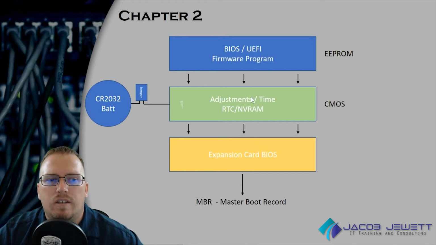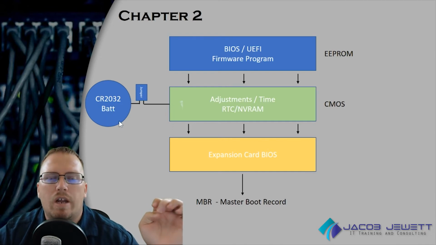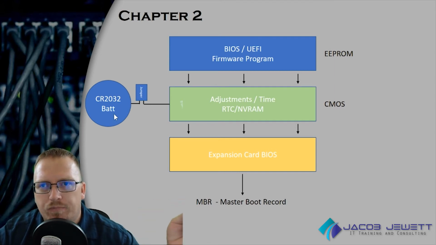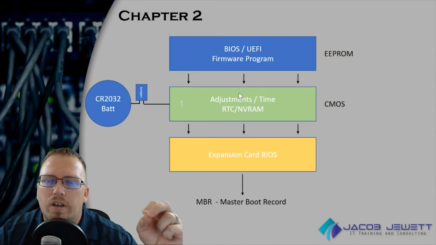Now the settings on this are not controlled, but are saved by a coin battery on your computer's motherboard. It's called the CR2032 battery. That's the most common battery used. This is a lithium battery, and what it does is it provides just enough power to the CMOS chip to keep the information there. Remember, I said it was a misnomer that this is called NV RAM, or non-volatile RAM.